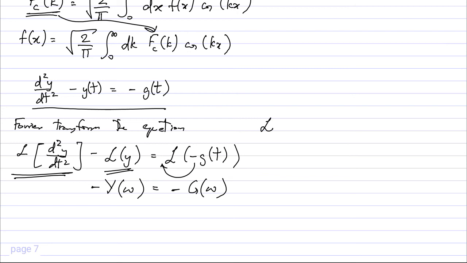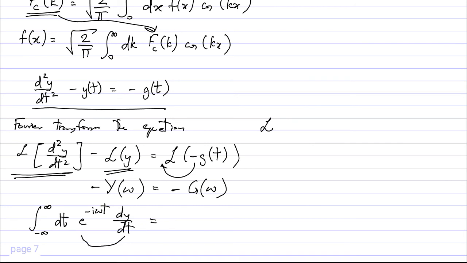By definition, the Fourier transform of dy by dt is essentially the integral over t, and you have e raised to power minus i omega t, and you have dy by dt. By definition, this is the Fourier transform of dy by dt. What you do is that you do integration by parts.